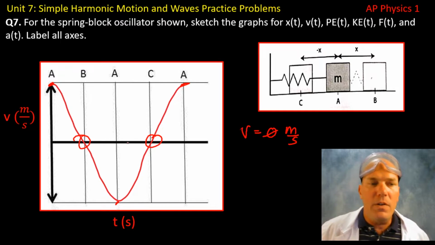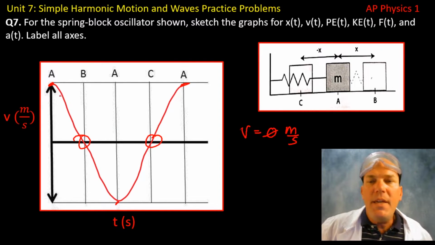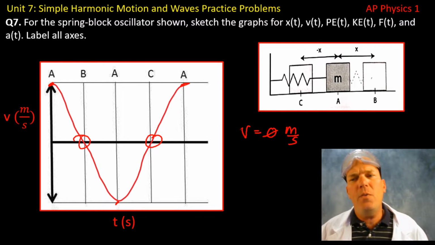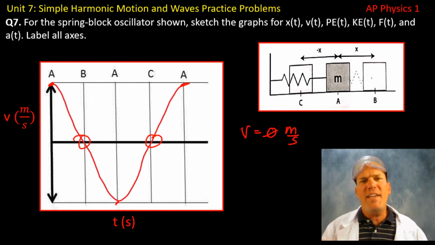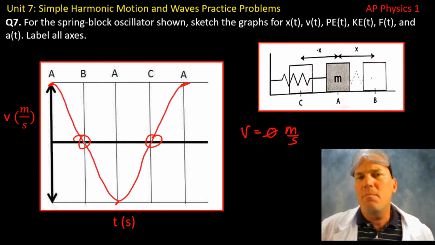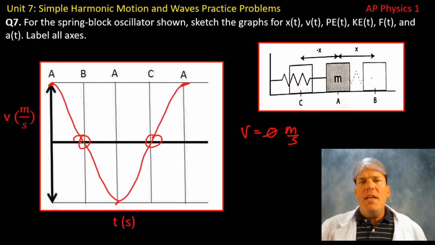So we are crossing the origin at those points, because underneath here, we know that the object is moving backwards. Above, from A to B, it's moving to the right, but it's slowing down as the spring is extended until it stops at position B. Then it goes to the left, but is speeding up.